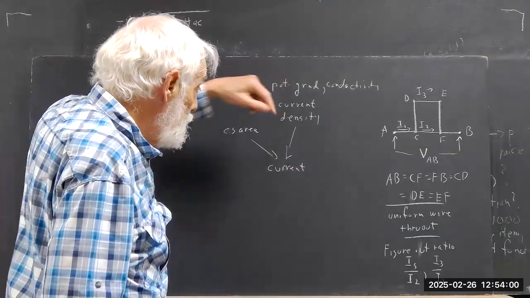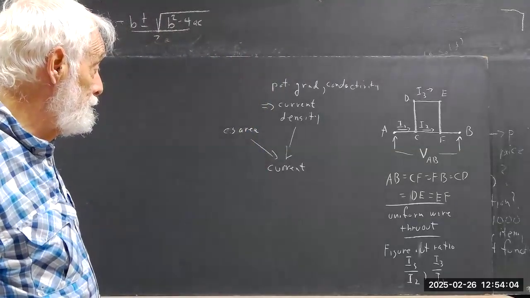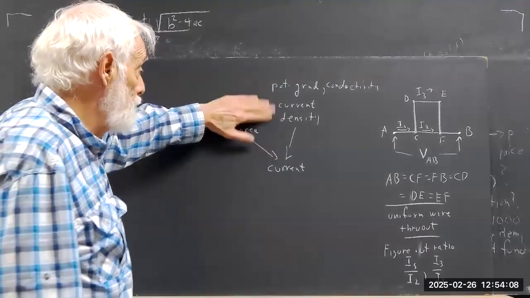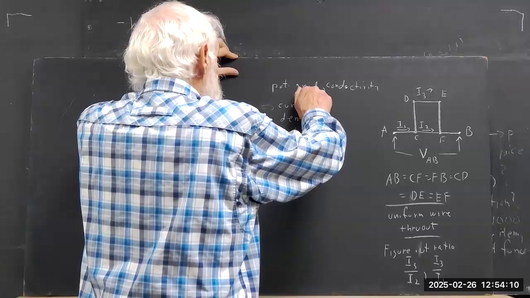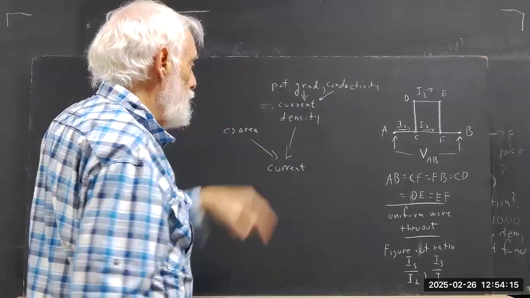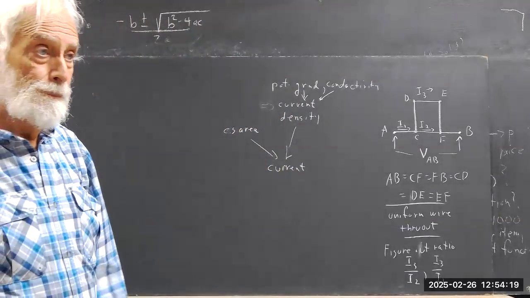All right. So we have kind of this logic. Potential gradient, current, conductivity. I've got to probably just combine notation. So these two go together, give us current density, and combine that with cross-sectional area, you get current.